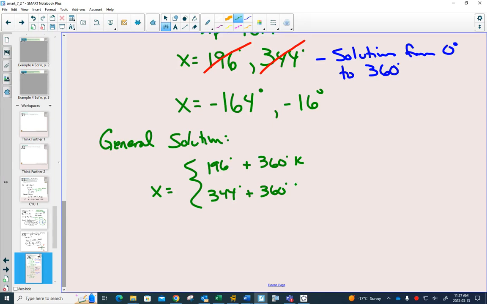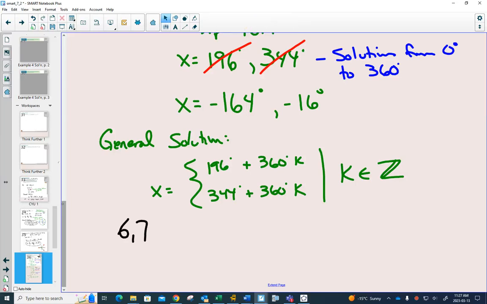It's identical. So questions you can circle on this one are 6 and 7.